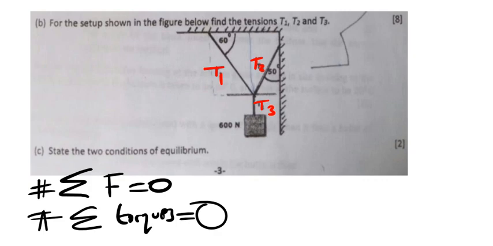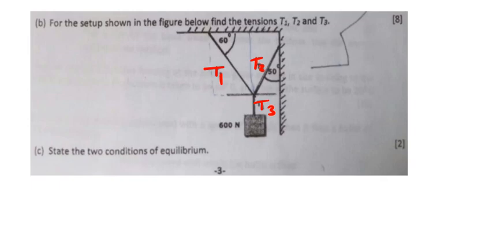These are the two conditions that you should always consider. Now that we've got this, let's solve these questions. For the setup shown in the figure below, T1, T2 and T3 are the tensions. So what do we have? People solve these questions differently.